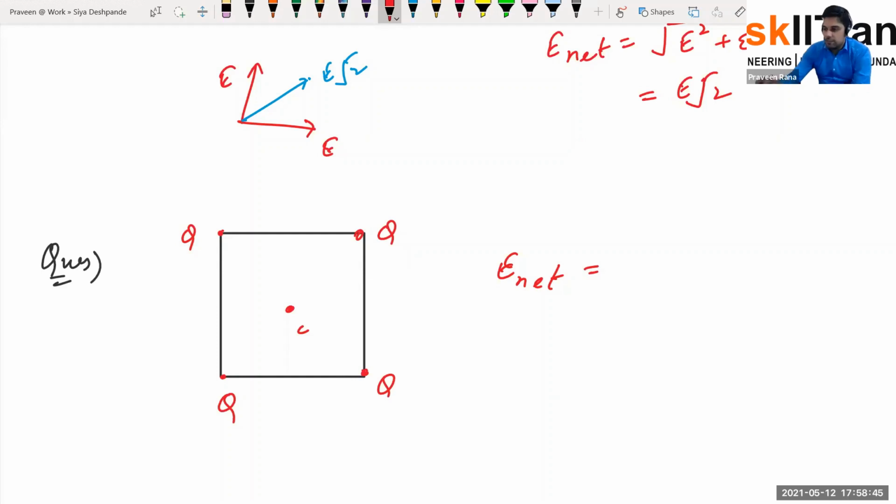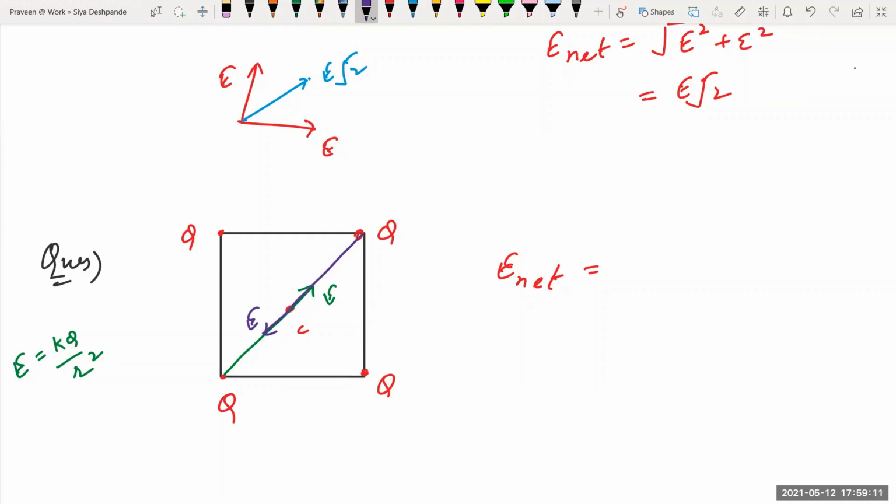Exactly, that's right. Now let's say the electric field due to this capital Q is E in this direction. The electric field would be KQ over R squared, whatever the distance from the center to the corner is. Now the electric field due to the diagonally opposite charge would be E in this direction.